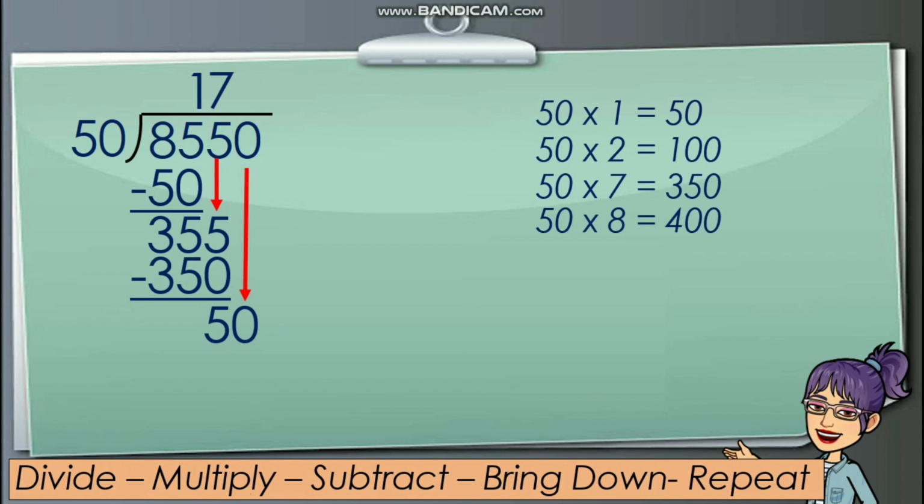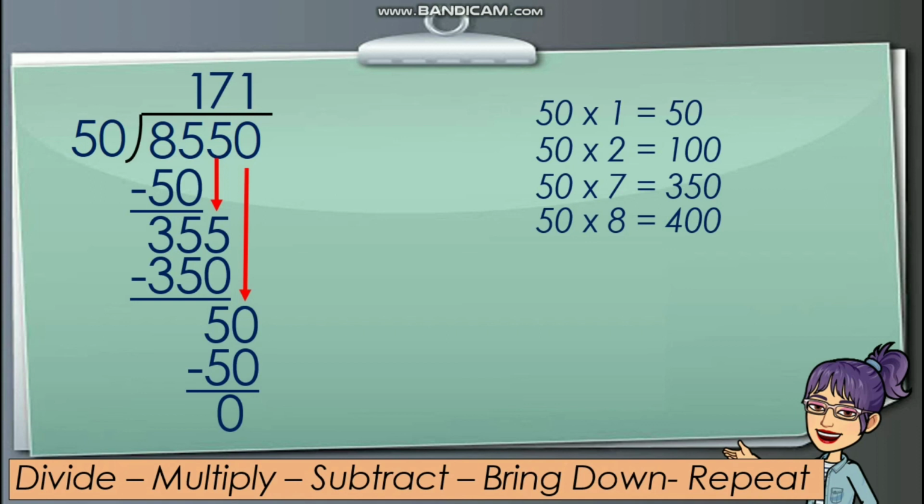Then divide. 50 divided by 50 is 1. Very good. It's 1. Then multiply. 50 times 1 is 50. Then subtract 2 numbers. 50 minus 50 is 0. So that ends our division equation in this number.